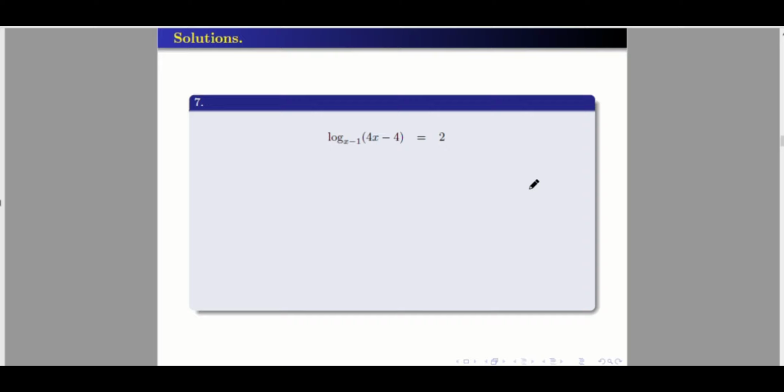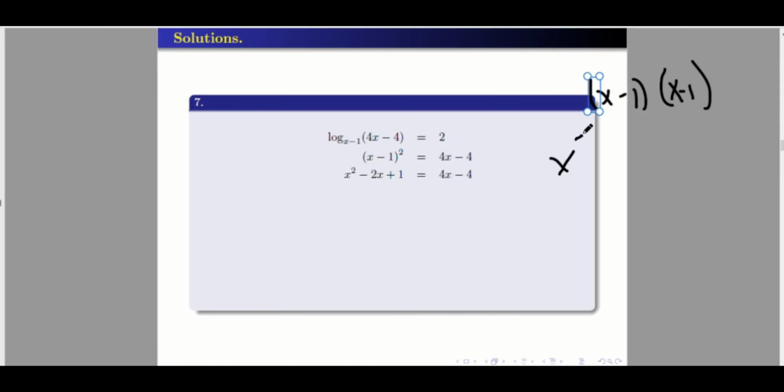Next, okay, the same thing. So x minus 1, the quantity raised to 2 is equal to 4x minus 4. Then expand, this is equal to x squared minus 2x plus 1, or you may use the FOIL method. This is just equal to x minus 1 times x minus 1.